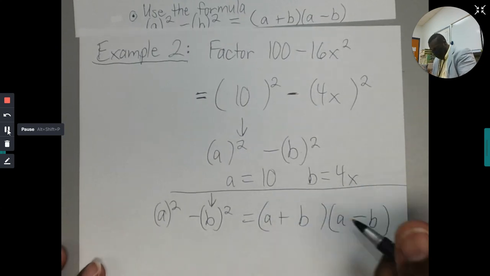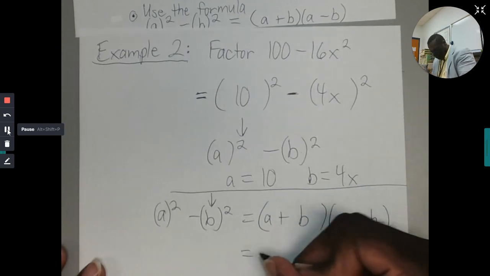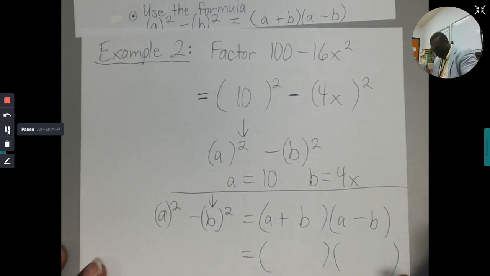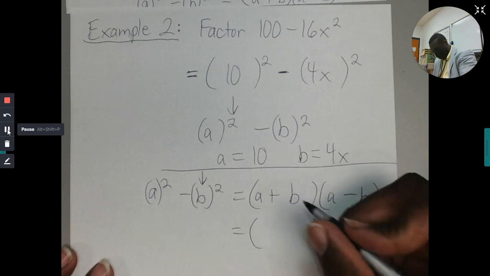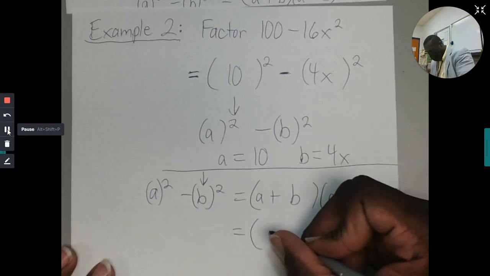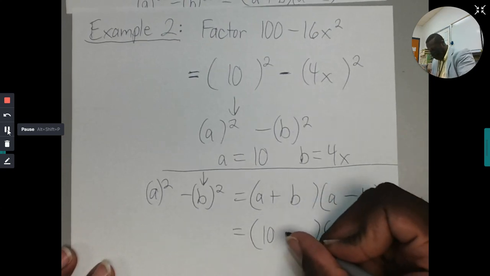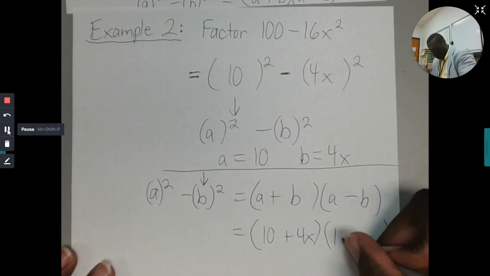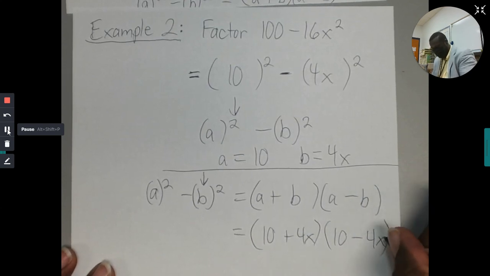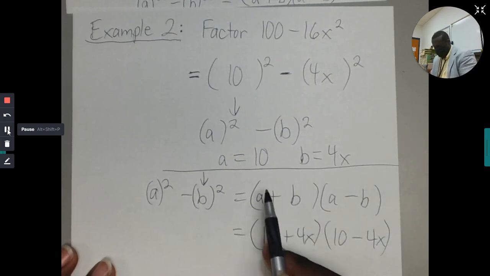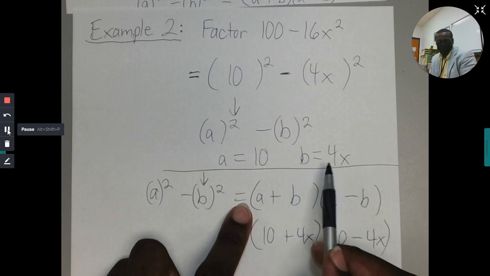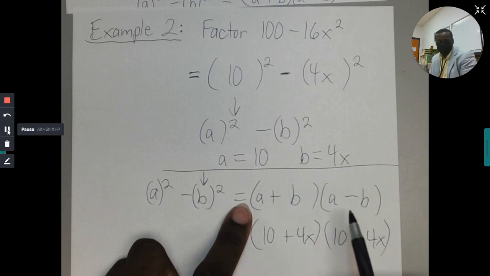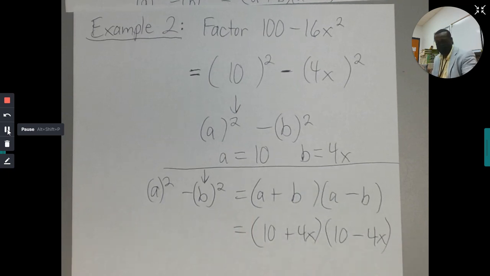So again, we replace the a and the b in this expression here. That should be 10 plus 4x times 10 minus 4x, because all you have to do is use this formula and replace the a with 10 and the b with 4x.